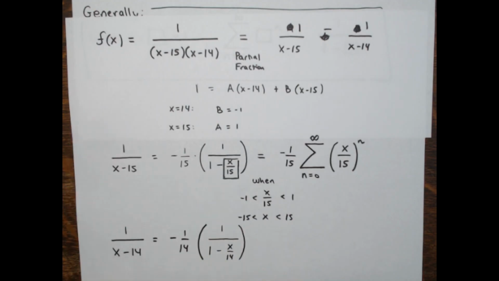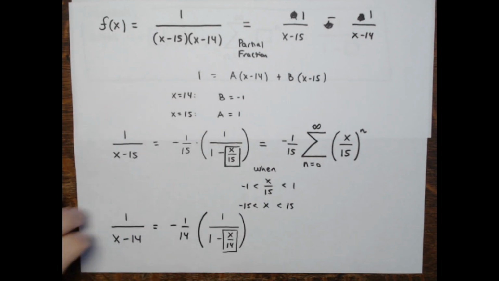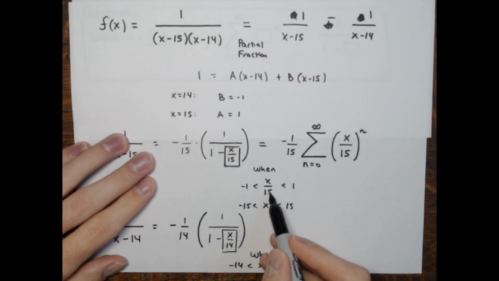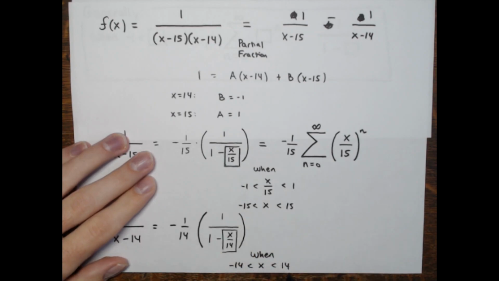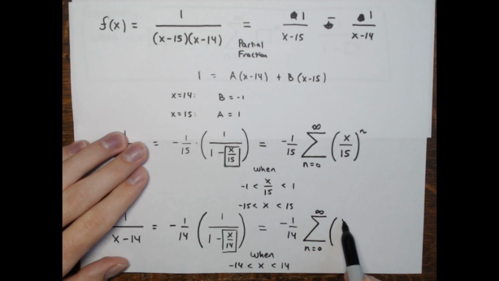The expression in the box is this x over 14. So whenever x over 14 is between -1 and 1, that is, when x is between -14 and +14, this function can be expressed as the infinite series -1/14 times the sum from n equals 0 to infinity of x over 14 to the nth power.